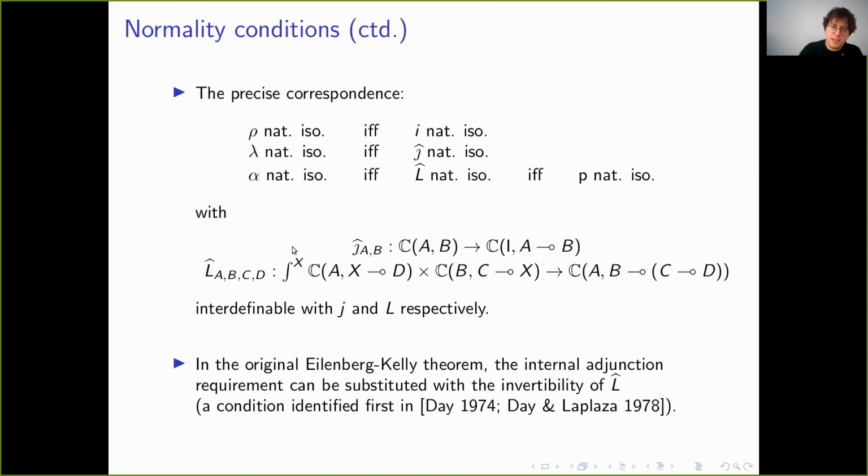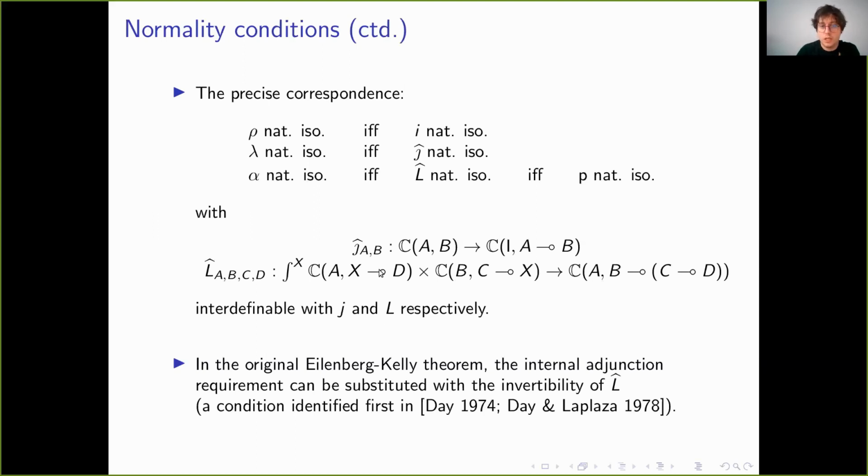The idea here is that X should be a form of weak tensor of B and C, because then you have a morphism from A into X lolly D. If you think of some B tensor C here, then this is what one will expect. And here is a way of embedding B and C into the B tensor C. So it's some kind of existence of a weak tensor. The invertibility of L hat corresponds to the existence of the tensor of B and C.